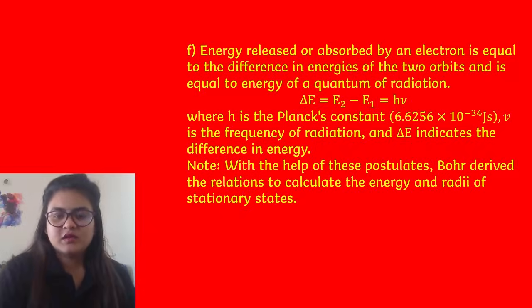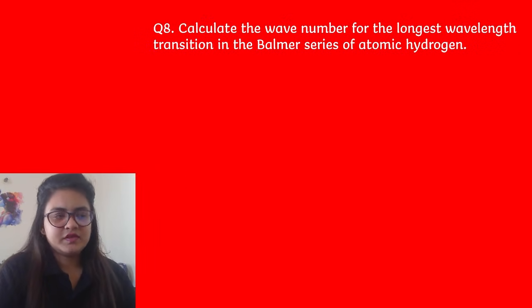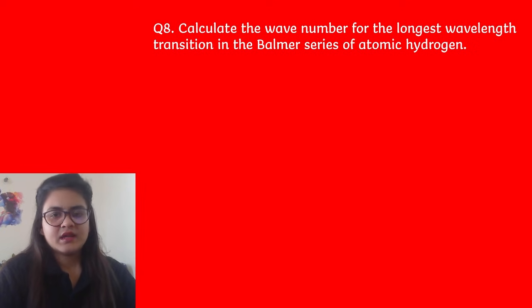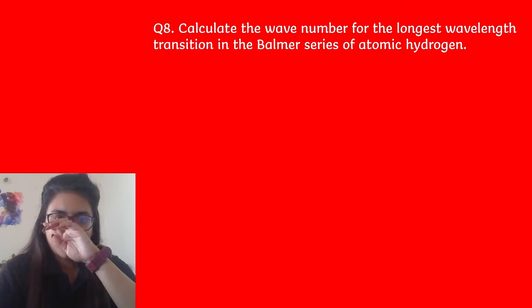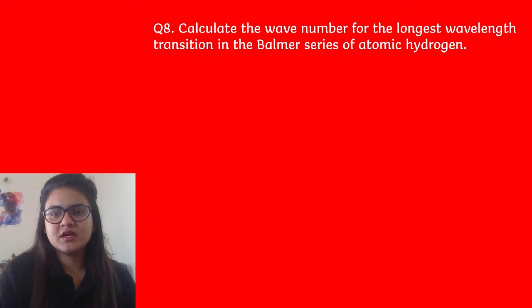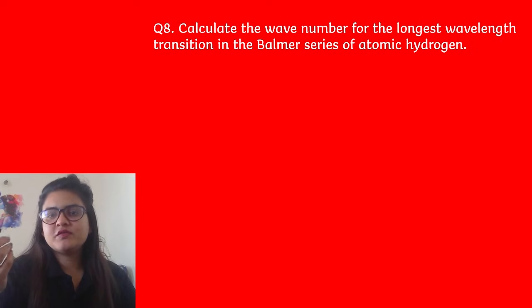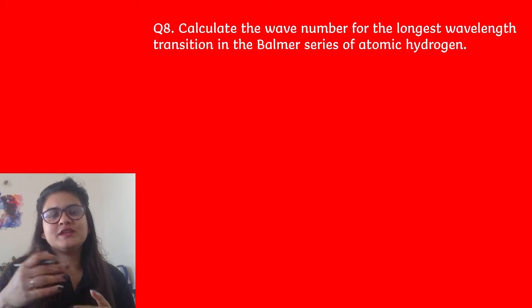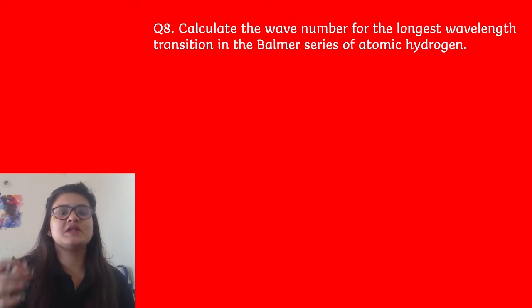Okay, so let's proceed. Calculate the wave number for the longest wavelength transition in the Balmer series of atomic hydrogen. The longest wavelength we will get when the transition is the shortest, and the shortest wavelength we will get when the transition is the longest.